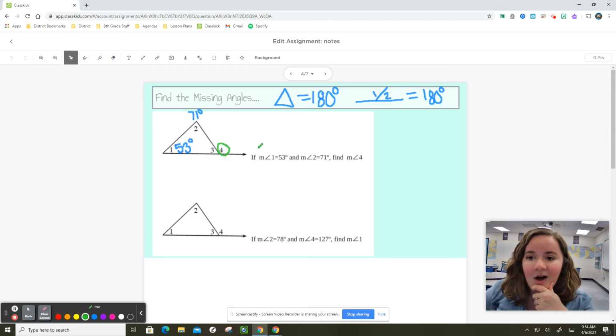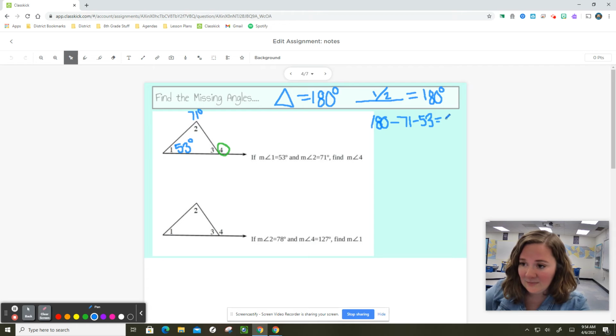I'm going to first use this concept that everything inside a triangle is equal to 180. I know I have 71 and I know I have 53. So I'm just going to do 180 minus 71 and minus 53, and that equals 56.